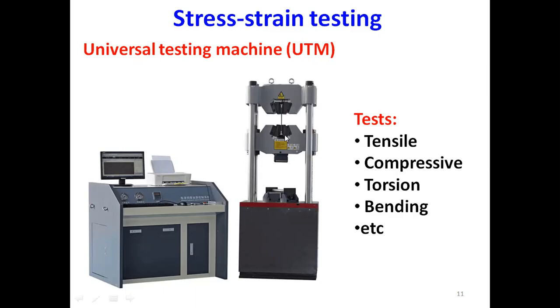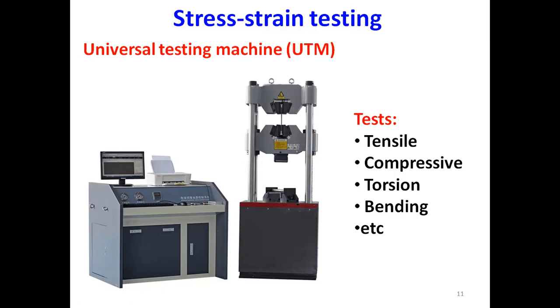It comprises chucks. One chuck is here and the other chuck is here, where you can install the specimen. Normally, in the majority of cases, a hydraulic system is used to move these two chucks relative to each other, and in the chucks we have load cells or force sensors.